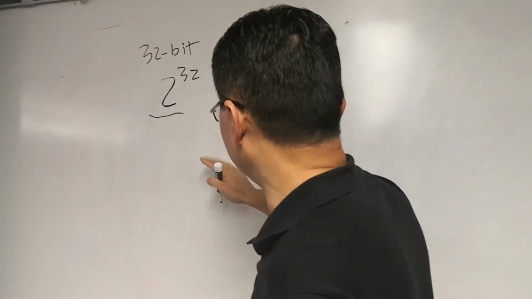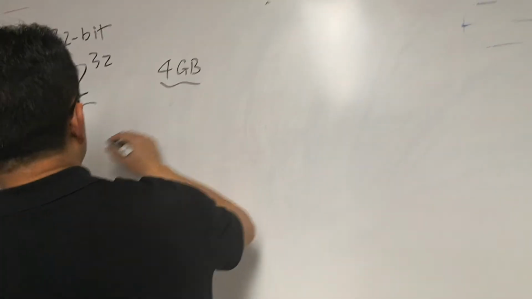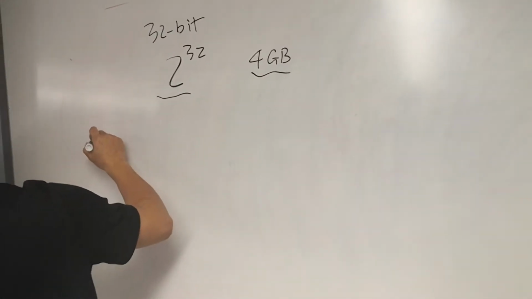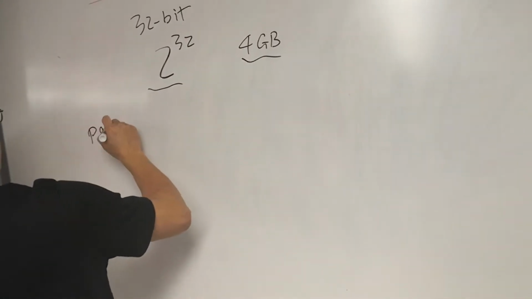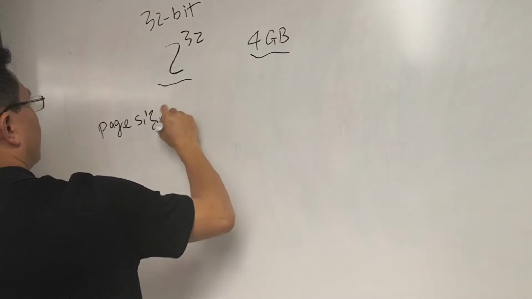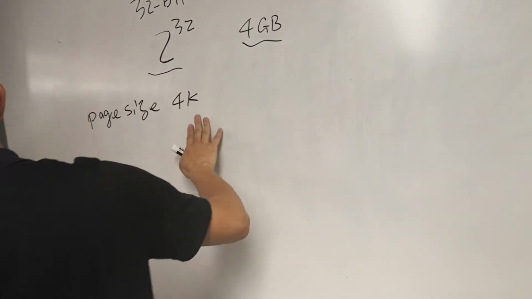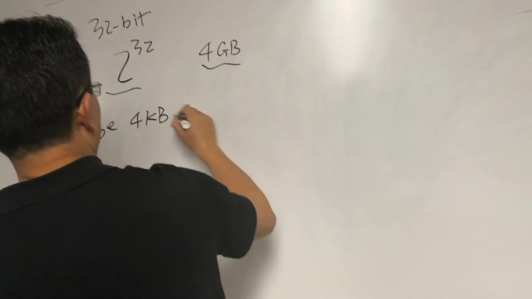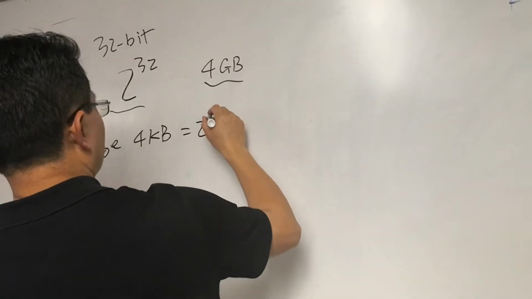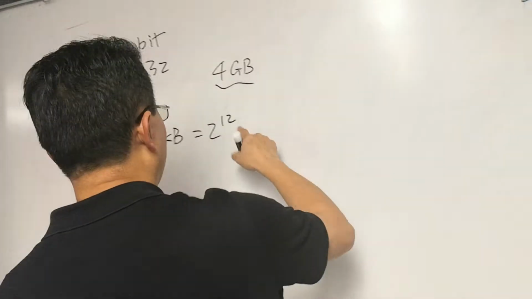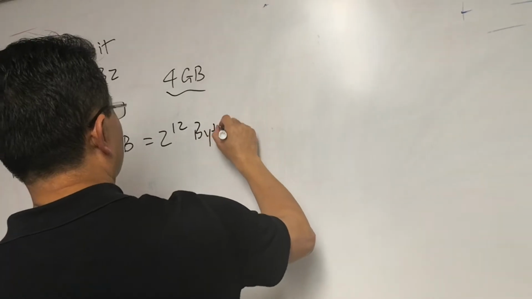So then we set up this paging. We set up the page size as 4K. That's 4 KB, that's 2 to the 12, right? So that many bytes. Okay.